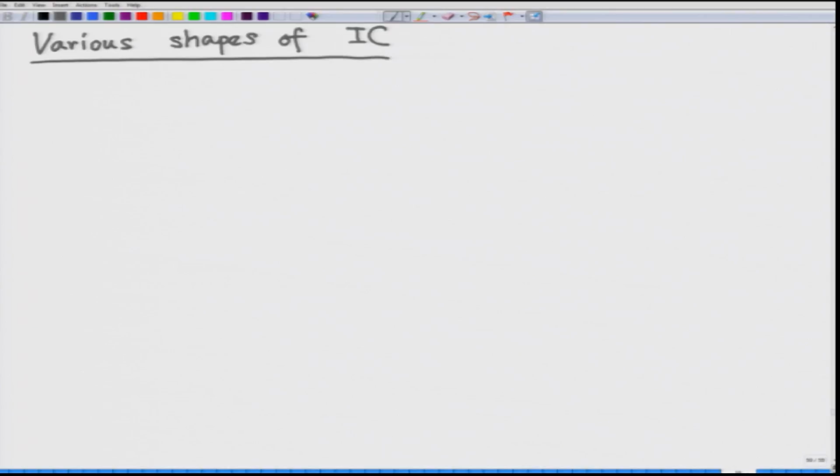First, we are going to talk about three different shapes of indifference curve, and we have names for them.